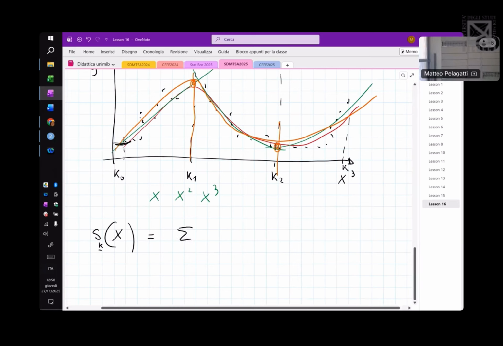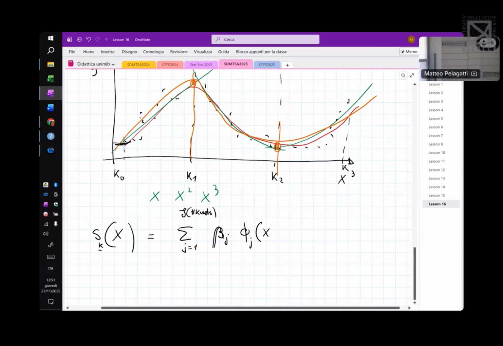It will depend on some big J, dependent on the number of nodes. And it will be just a linear combination of these spline functions, which I just call psi of x.